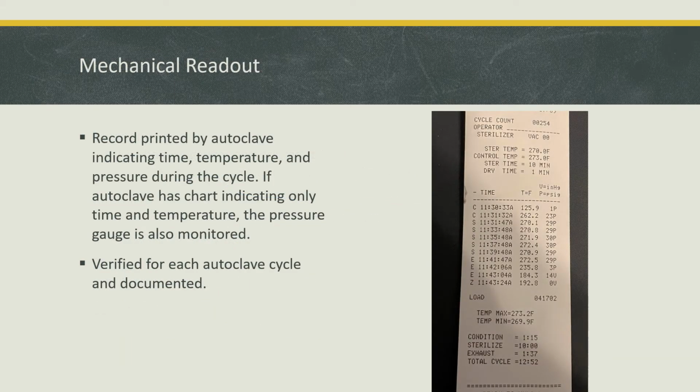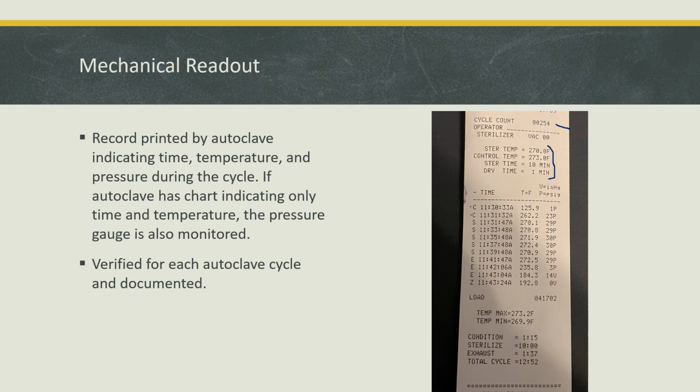Mechanical readouts indicate the time, temperature, and pressure were correctly met. With this readout, we'll see things such as the cycle count and a summary of what the autoclave was set to run. And then we can see where the chamber was being conditioned. That would be the C's here.